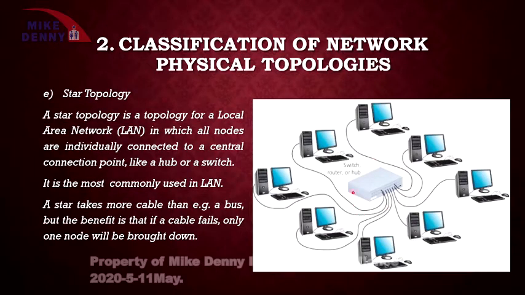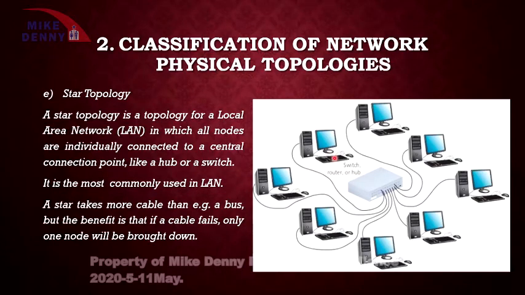This is what we have when we talk about star topology. We have this computer that is connected to this router or switch or hub. We have this one connected to that one, etc. This is exactly what we have in the computer lab in Magdalene.